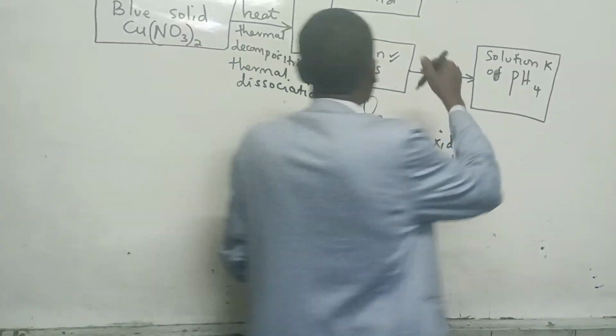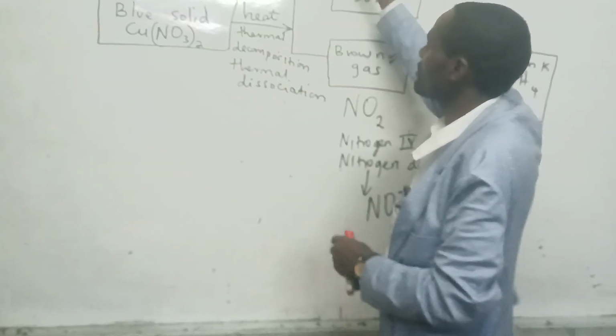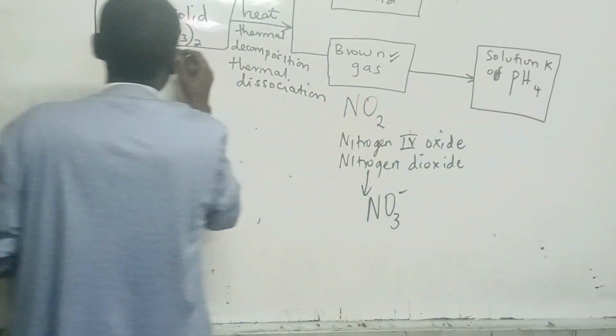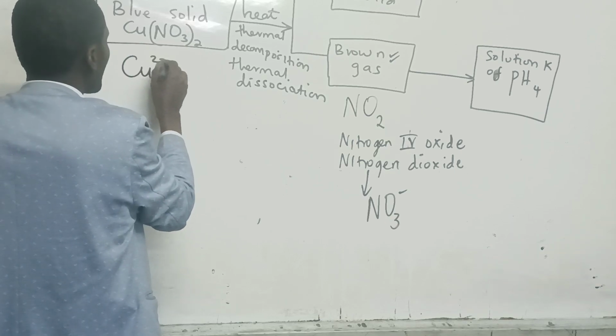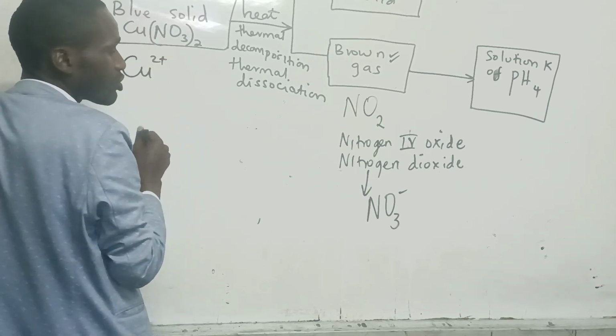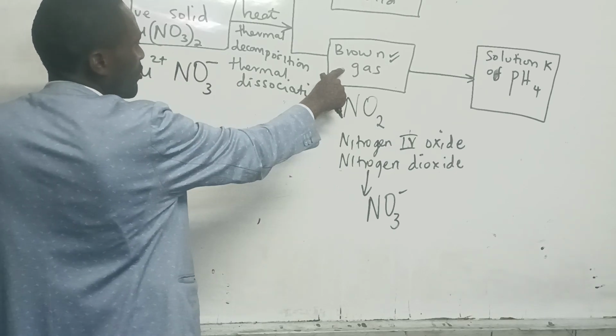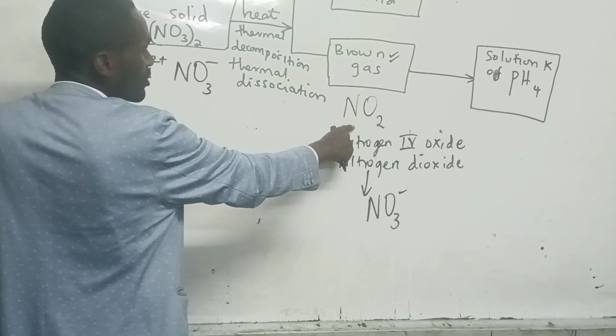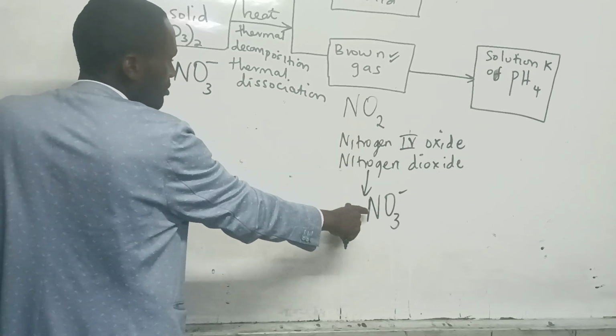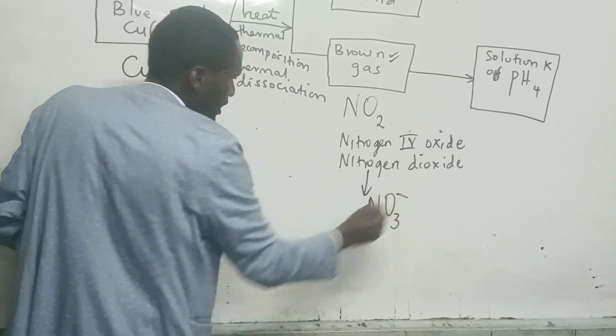And of course, because it is copper, that means we should have the copper making our compound blue, and the nitrate because we are forming a brown gas, which is NO2 or nitrogen 4 oxide, obviously obtained in most cases from a nitrate.